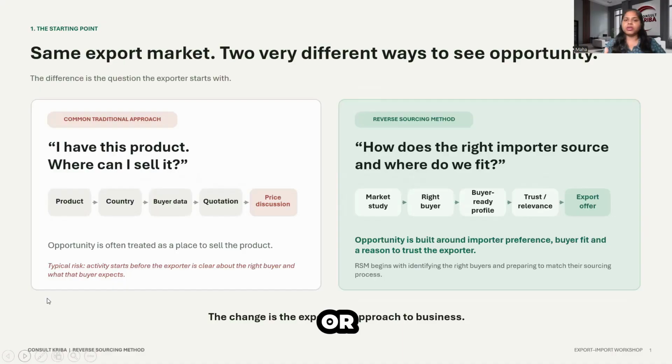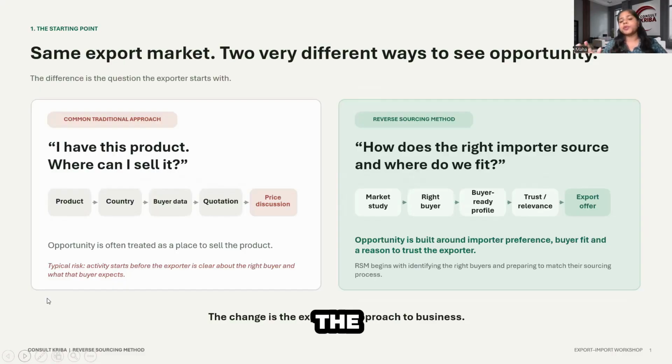He goes to Google or uses the usual statistics platforms like DGCIS or Trade Map to find out the countries which are importing coconut oil. Then they get the buyer data through different ways and start the approach. They may or may not get a reply, and then the first conversation starts with the quotation. Once the quotation is given, the typical conversation revolves around price and payment terms. If you agree at this point, please comment 'I agree' in the comments.